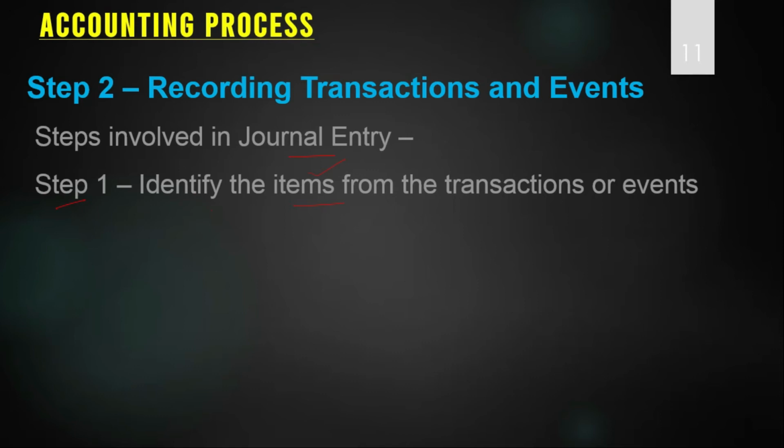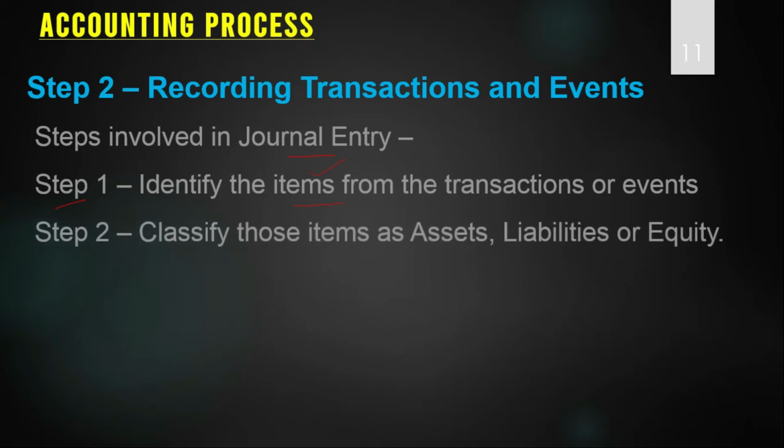If you identify the items or accounts, then you need to classify those items. You can classify those items as an asset, as a liability, or as equity. If you have identified equipment, equipment belongs to assets. If you identified accounts payable, accounts payable is a liability. If you have identified revenues, revenue comes under equity.